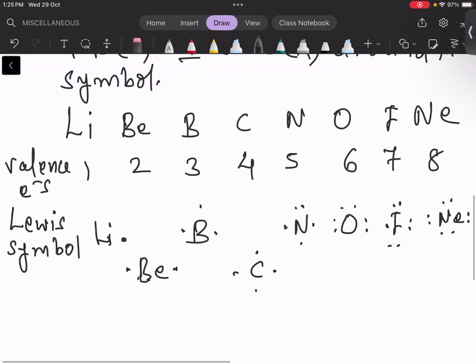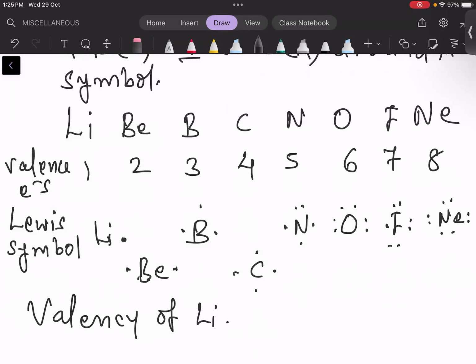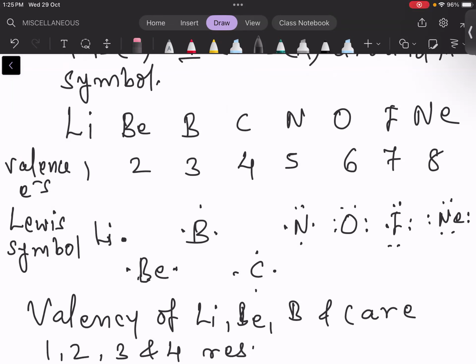So if you see properly, the valency of lithium, beryllium, boron, and carbon are 1, 2, 3, and 4 respectively.